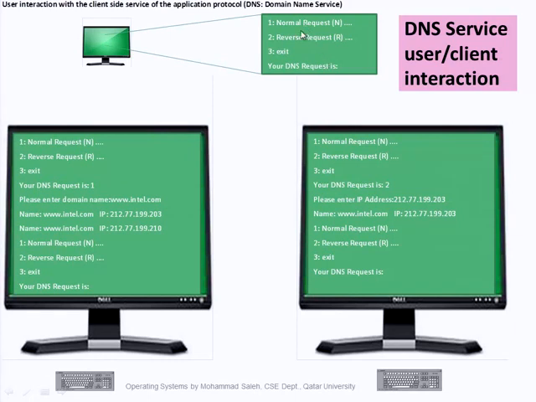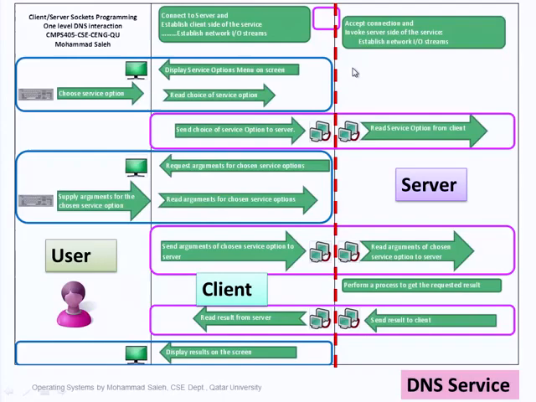So this is the menu to be displayed, options menu, 1, 2, 3, and blocking for the user to enter an option. Based on the option, then we're gonna ask the user to enter additional arguments that are needed to be sent to the server. Right. So this is a simple interaction with the user.